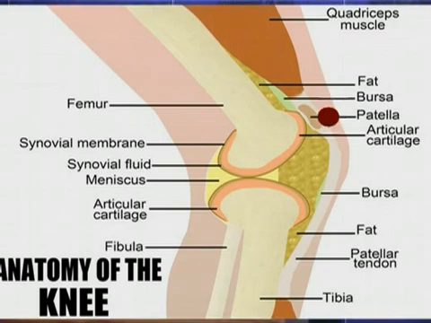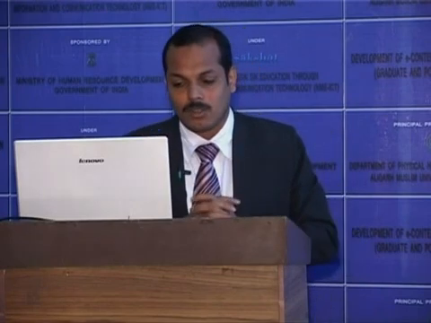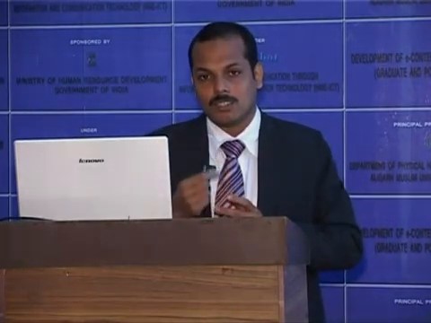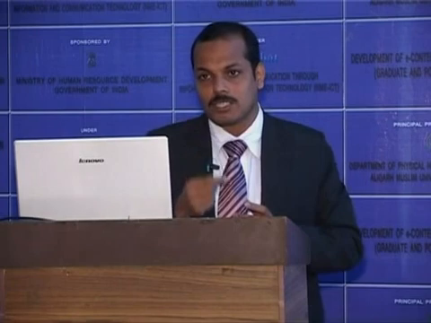The quadriceps muscle, four muscles together, makes the tendon called the quadriceps tendon. The quadriceps tendon is attached to the patella, and from the lower side of the patella it continues as the patellar ligament or ligamentum patellae, which later attaches to the tibial tuberosity.